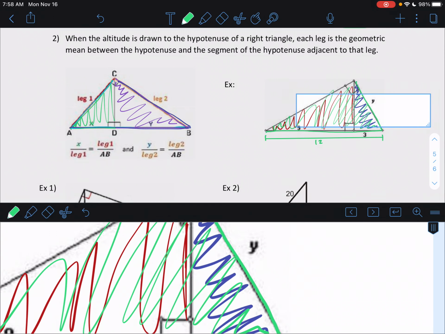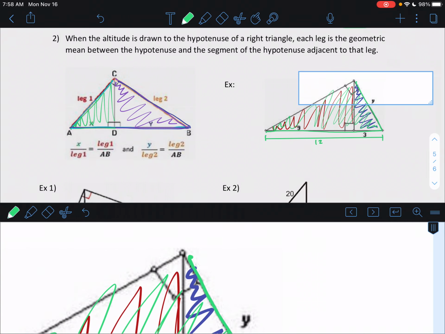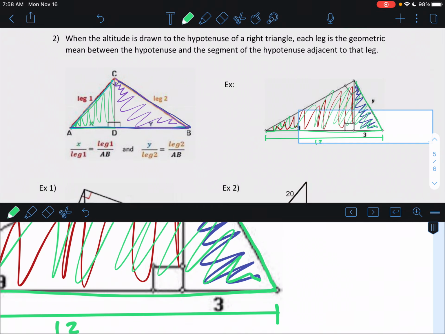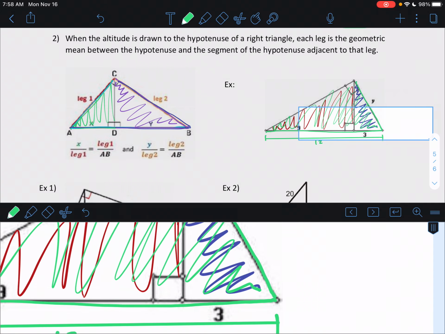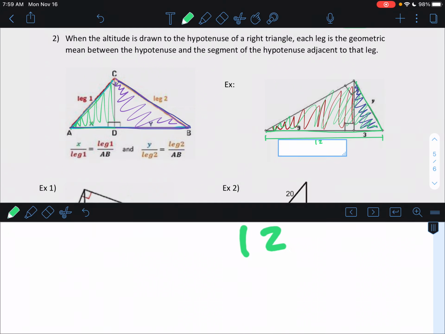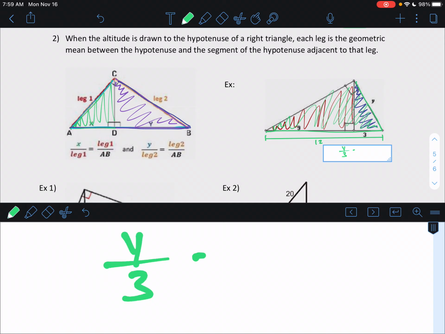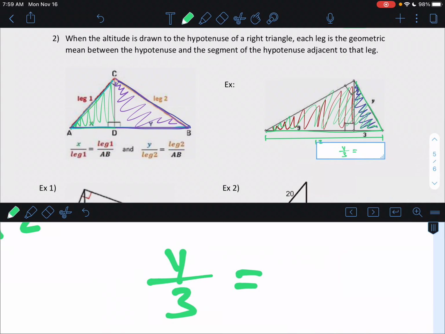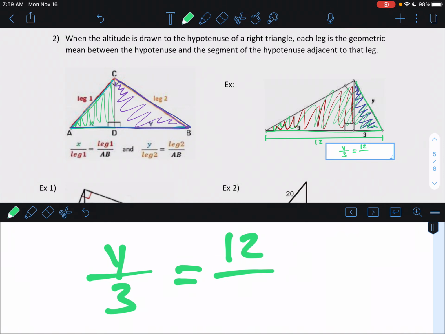Going back to the beginning, I said that on my small triangle, the hypotenuse was y, the short leg was 3. So I'll do hypotenuse over short leg. So y over 3 equals, and then on my biggest triangle, the hypotenuse was this 12, and the short leg was y.